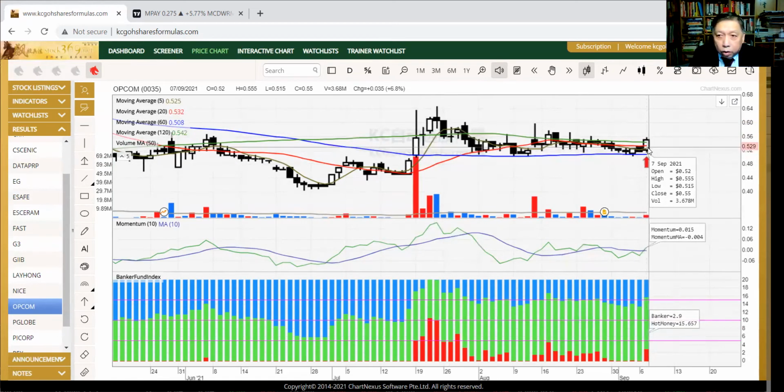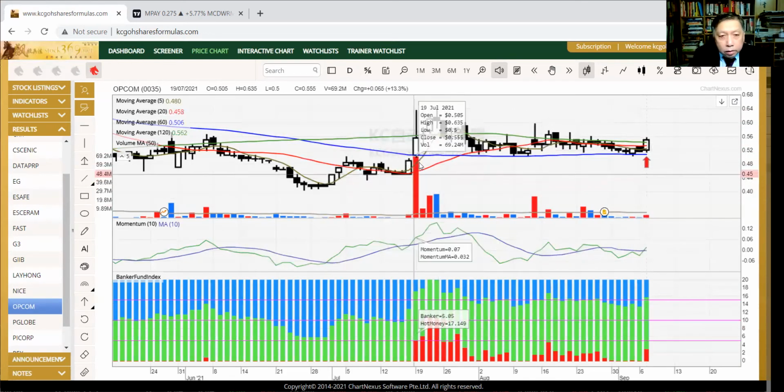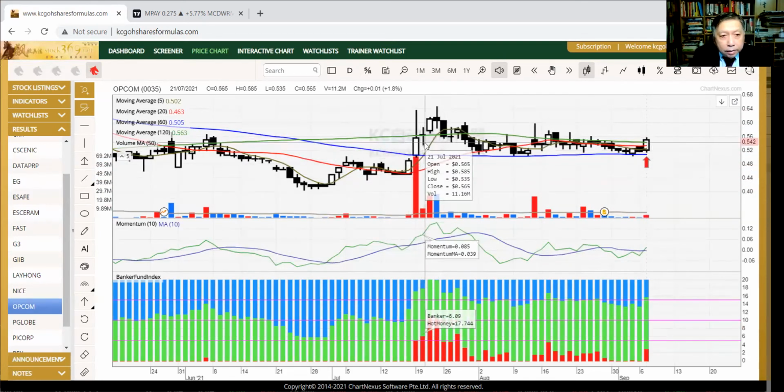That is considered a safe profit, because the banker will likely give you the push to make the money. So when the banker is in, we are in. When the banker is out, we are also out. So we are riding on the banker's movement.